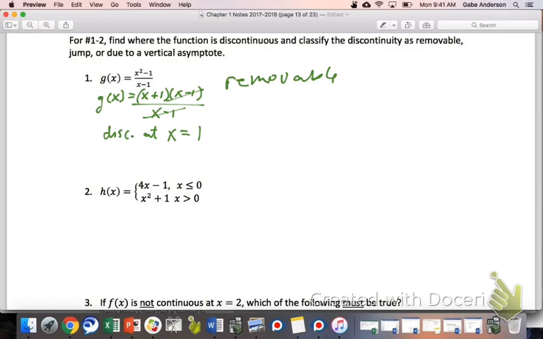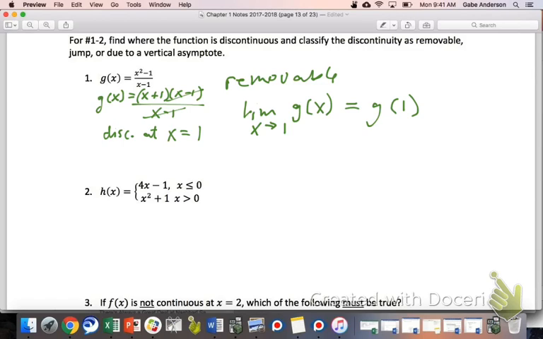If we were going to use the notation we looked at in the video, we could say the limit as x approaches 1 of g of x does not equal g of 1. If I calculate the limit as x approaches 1 of g of x, what would the answer be? 2, right?